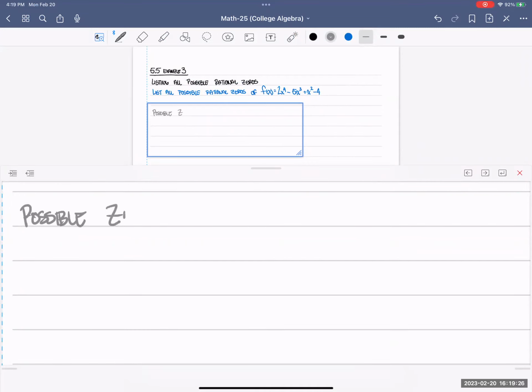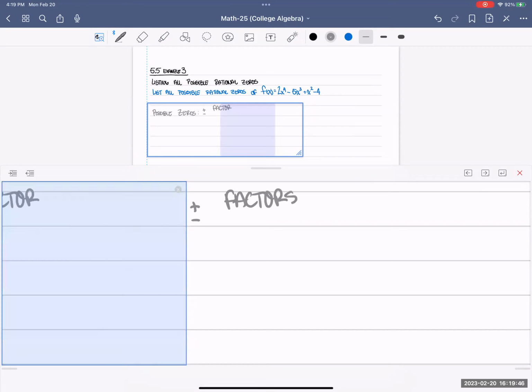So possible zeros are in the form of plus or minus. So we have to get all the positive values and all the negative values as well, because we don't know if it's going to be positive or negative. So possible zeros are factors of the last number, in this case factors of 4, and we're dividing them by factors of 2.